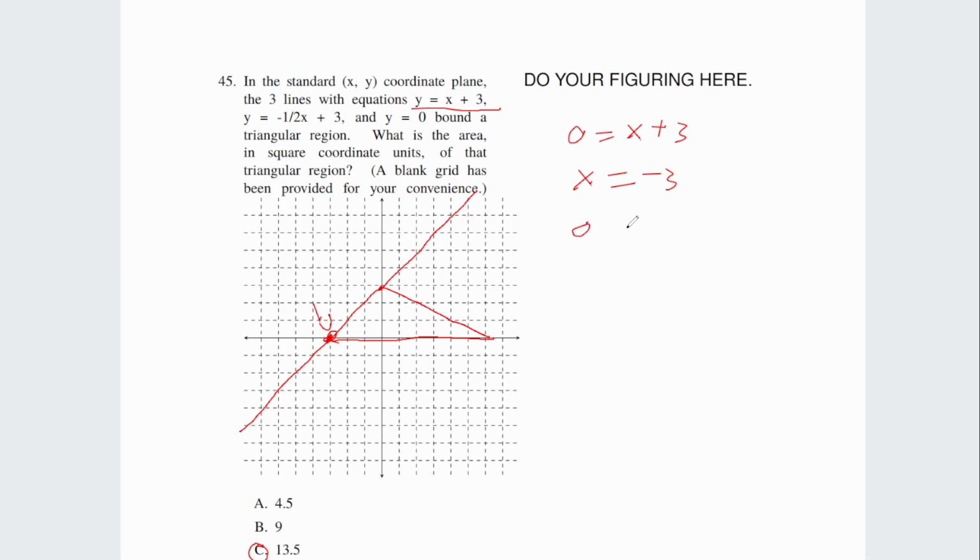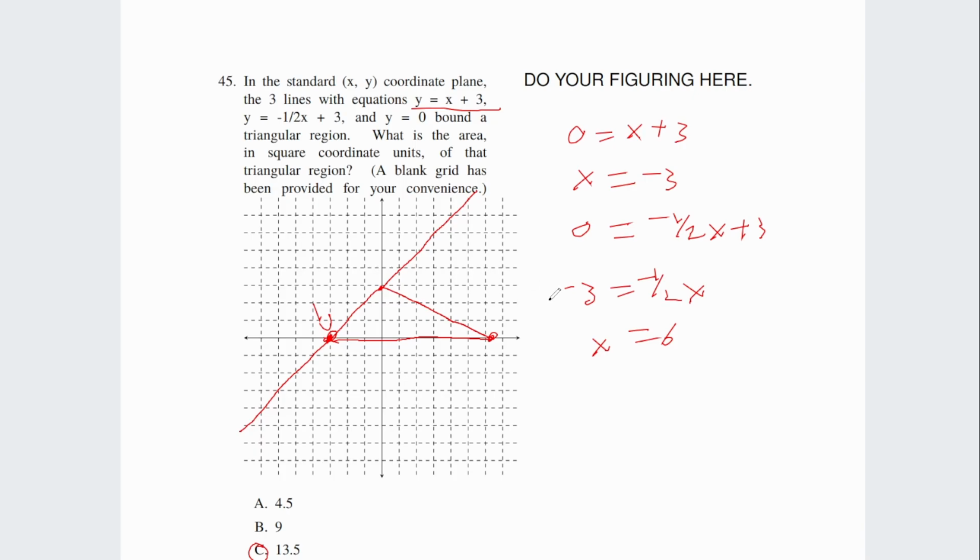And if 0 equals minus 1/2 x plus 3, then minus 3 is going to equal minus 1/2 x, and x is going to equal 6, which is what we see over here. So there's a base of 9, minus 3 to 6, and our height of 3 we can be confident in, because we know slope-intercept form, I guess. We can be confident that this is going to be 3.